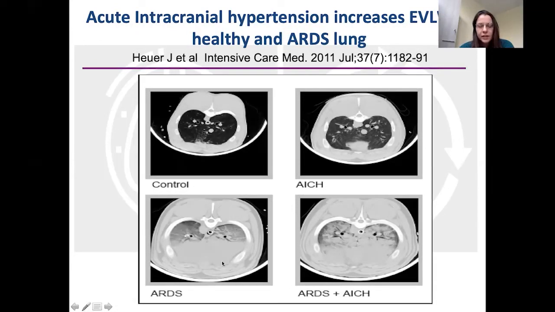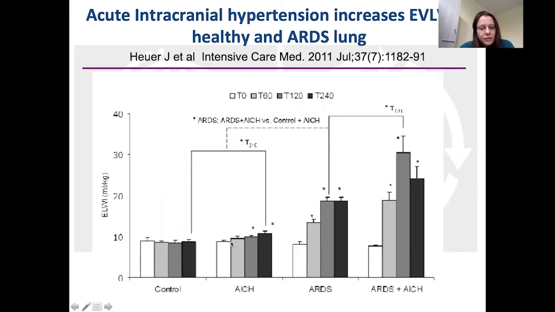The experimental models were divided in 4 groups: the control, models with acute intracranial hypertension, experimental models with ARDS, and with ARDS and acute intracranial hypertension. And as you can see here, in both the control and ARDS groups, the occurrence of intracranial hypertension was associated with an increase of the water in the chest. So per se, without any external causes, the experimentally induced occurrence of intracranial hypertension causes lung damage.